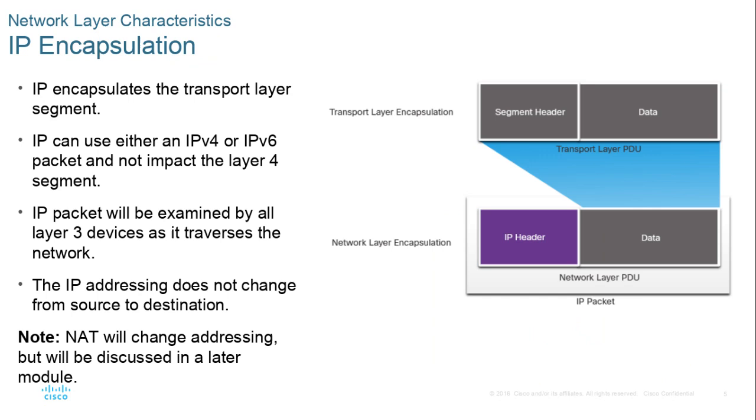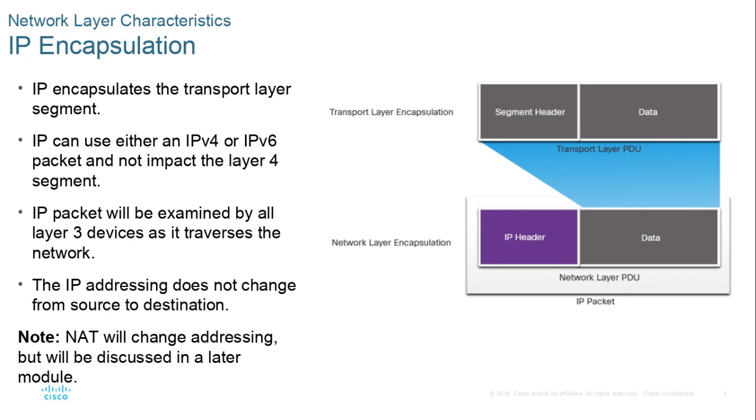The segment header contains information such as the port numbers, and the data is the actual fragment of the upper layer application data. The network layer accepts that and makes its own protocol data unit called a network packet. It takes the transport layer segment, places it in the data portion of the IP packet, and adds the addressing information to the beginning, like the source IP address and the destination IP address.